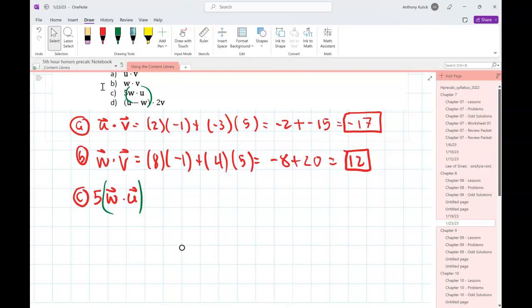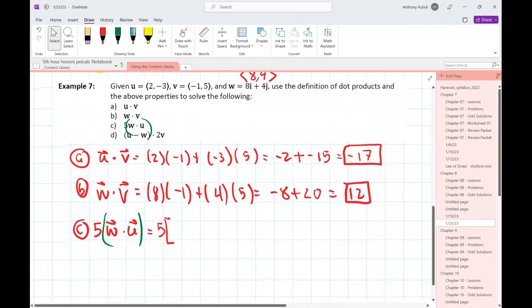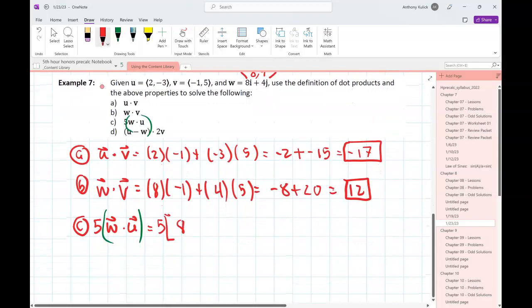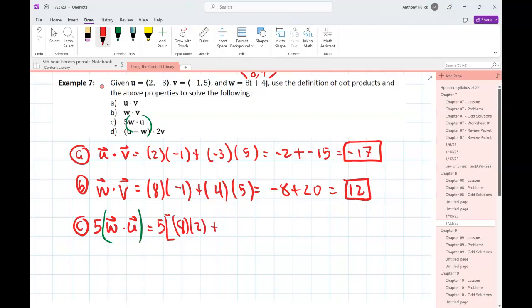Either is going to be fine. So I'm going to have 5 times, and then the x component from w times the x component from u plus the y component from w times the y component from u. So that's going to be 5 times 16 plus negative 12, or 20.